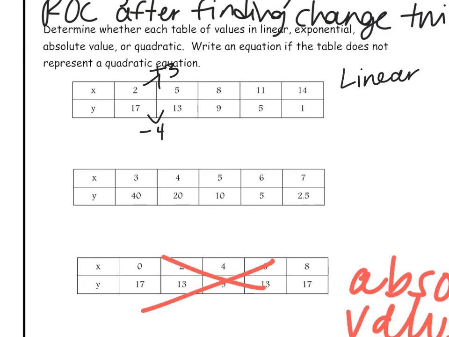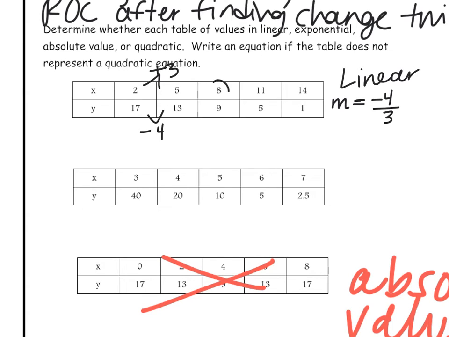So if we want to write the equation for that, we already know our slope, right? What is my slope, Owen? Negative 4/3 is my slope: change in y over change in x. And then we plug in to get our b value, right? I could plug in any 2 points, it doesn't matter.